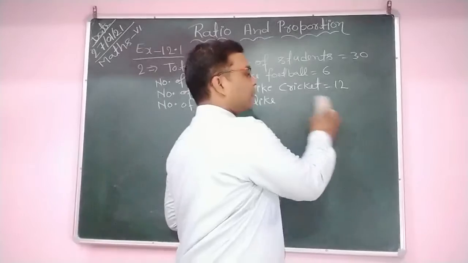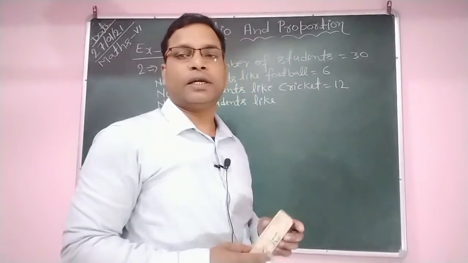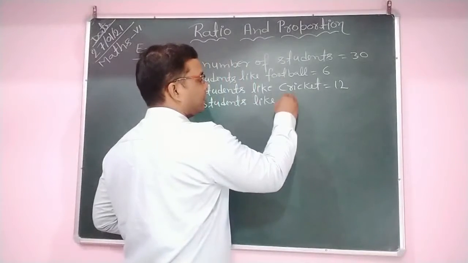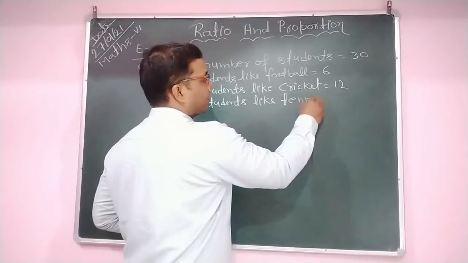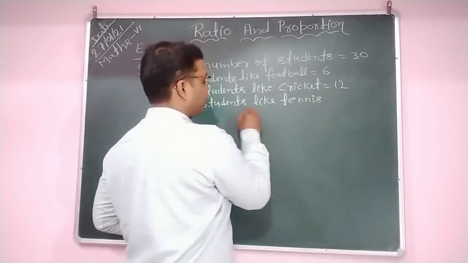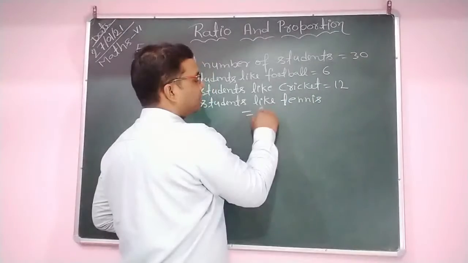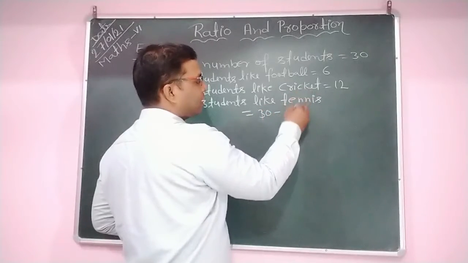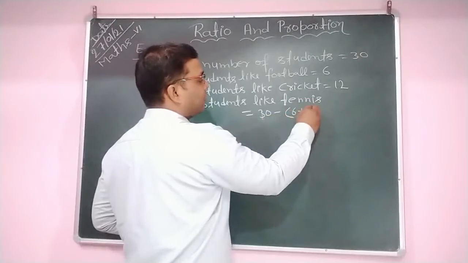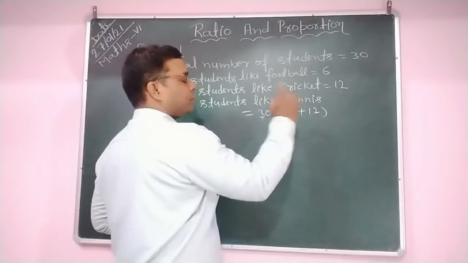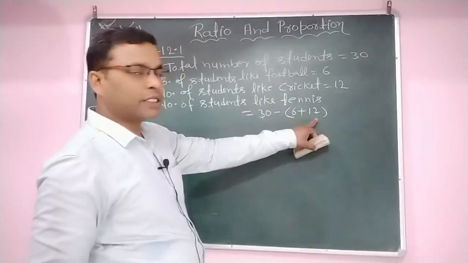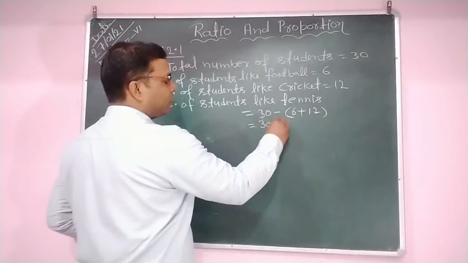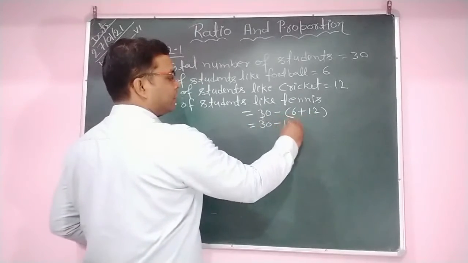Number of students who like tennis is equal to the total number of students in the class, this is 30, minus the sum of the number of students who like cricket and football. So 6 plus 12: number of students who like football is 6, number of students who like cricket is 12. So this is equal to 6 plus 12 is equal to 18.